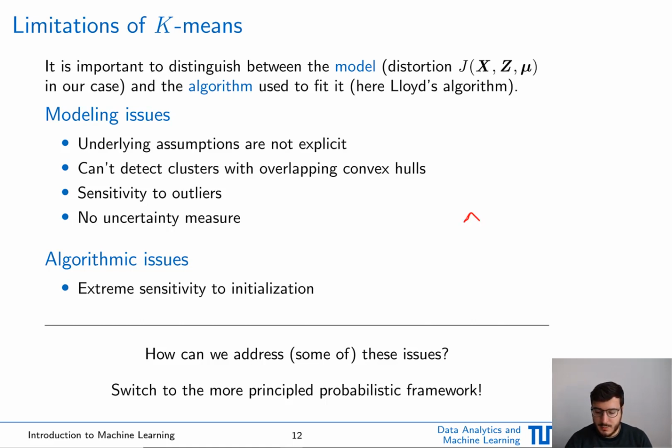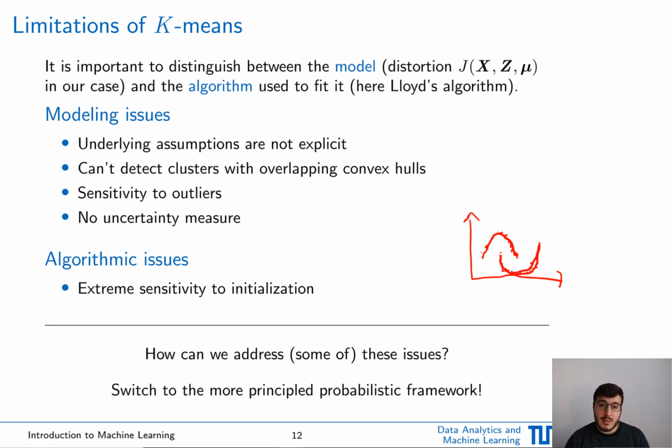Let's say we have some data and it looks something like this. This is the so-called two moons data set, because the data looks like two moons which are overlapping with each other. Ideally, what we would want is to find exactly these data points as the first cluster and these other data points as the second cluster.